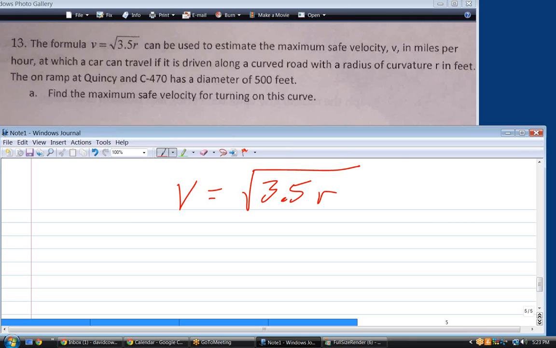What's the maximum safe velocity for turning on that curve? We're solving for V. So what do we need to know?